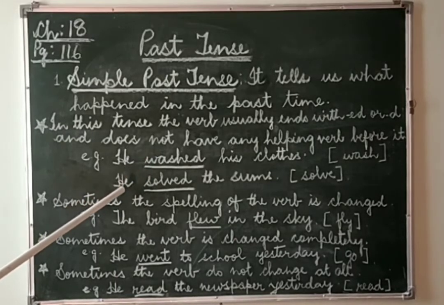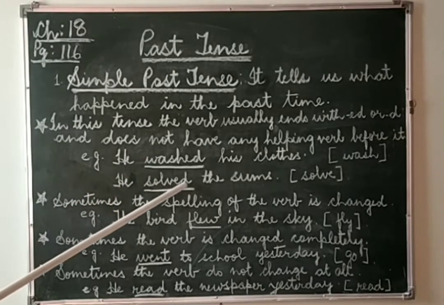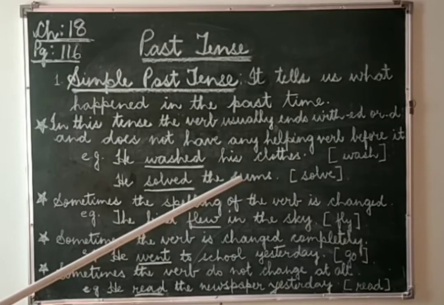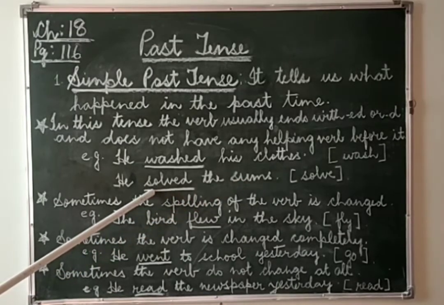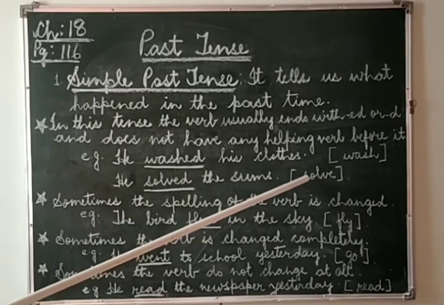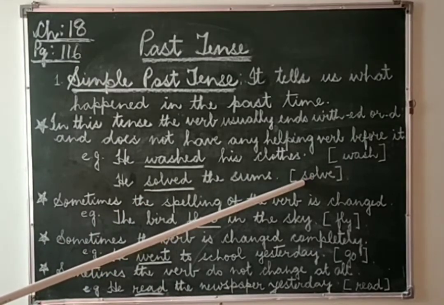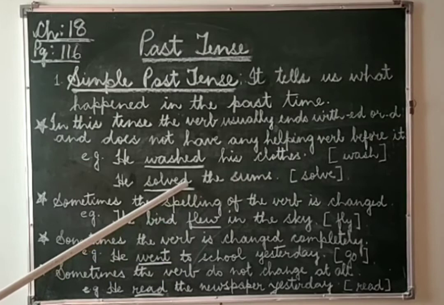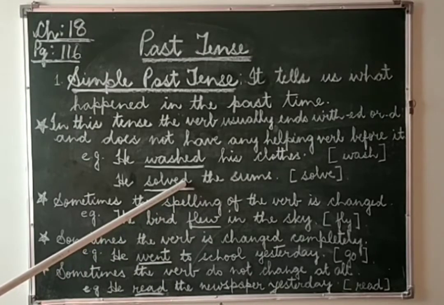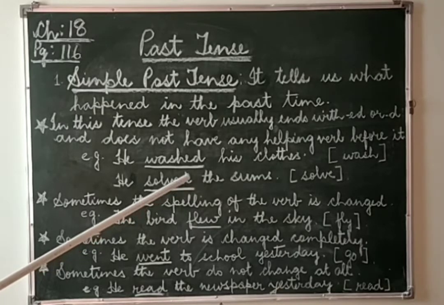Now see the second example. He solved the sums. Here solved is the verb in the simple past tense and the base verb of solved is solve. So we have added just d to the base verb and it became simple past tense.